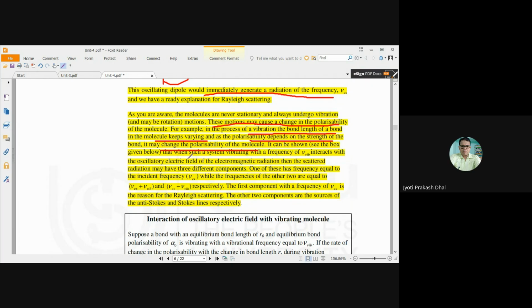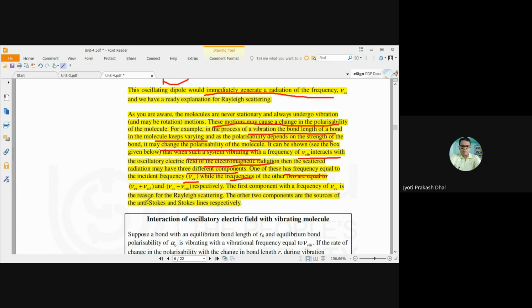It can be shown that when such a molecule vibrates, the vibration frequency nu interacts with the oscillating electric field of the electromagnetic radiation. Then the scattered radiation may have three different components. One of these components has frequency equal to that of the incident radiation, nu ex. This is called Rayleigh scattering.